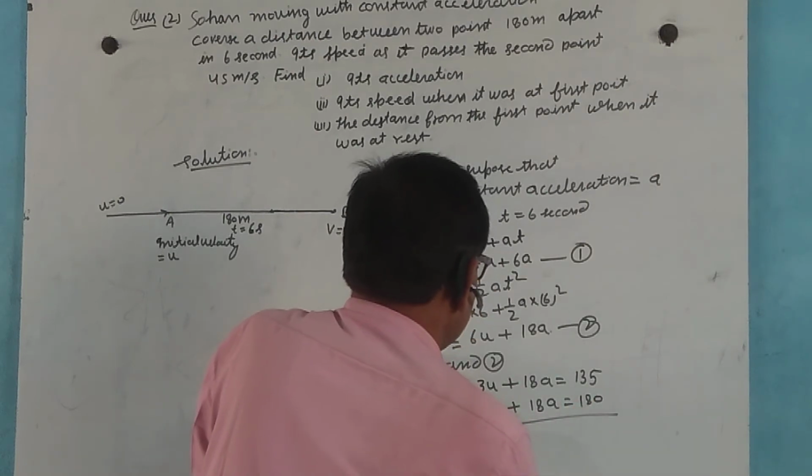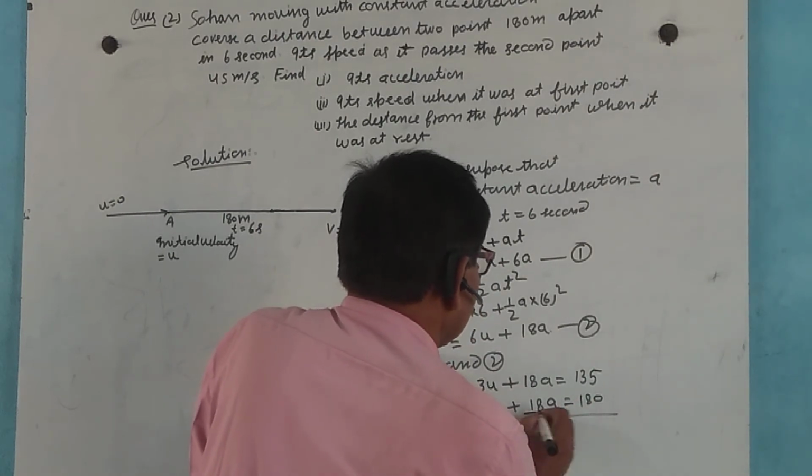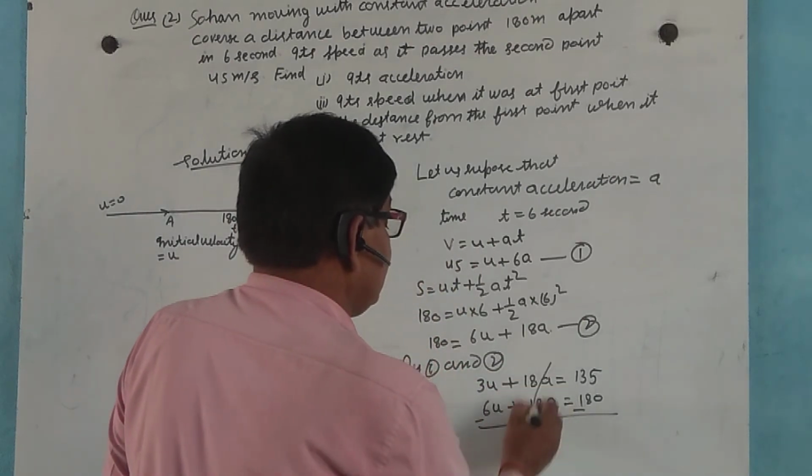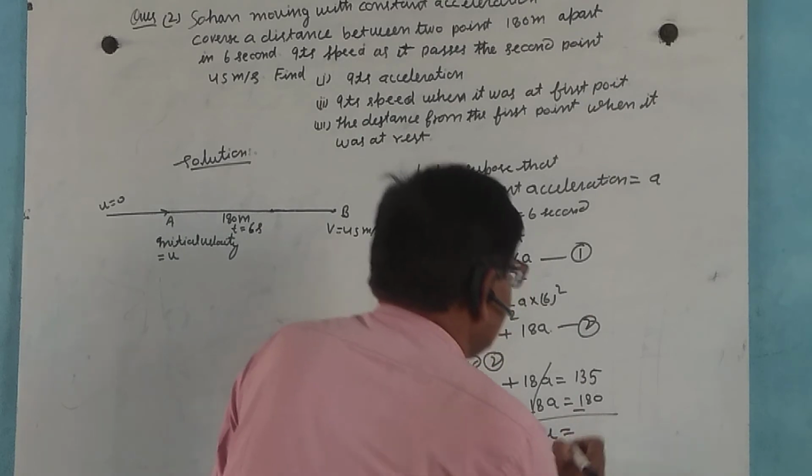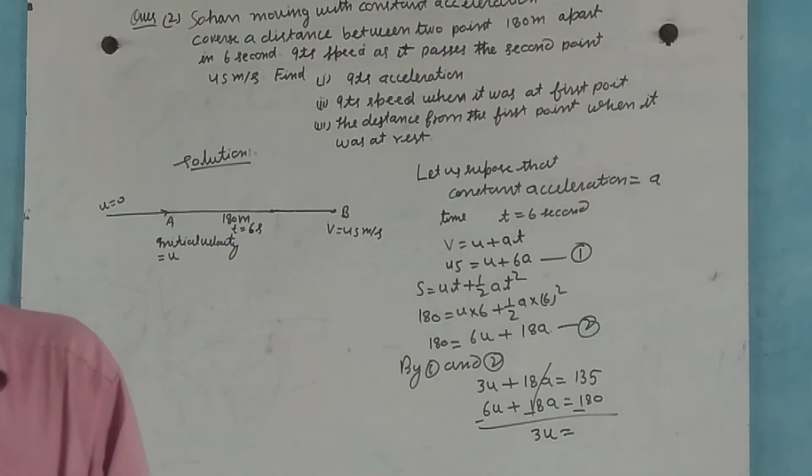Now subtract it here. In this case, 18a cancels and this is equal to 3u equal to the subtraction of these.